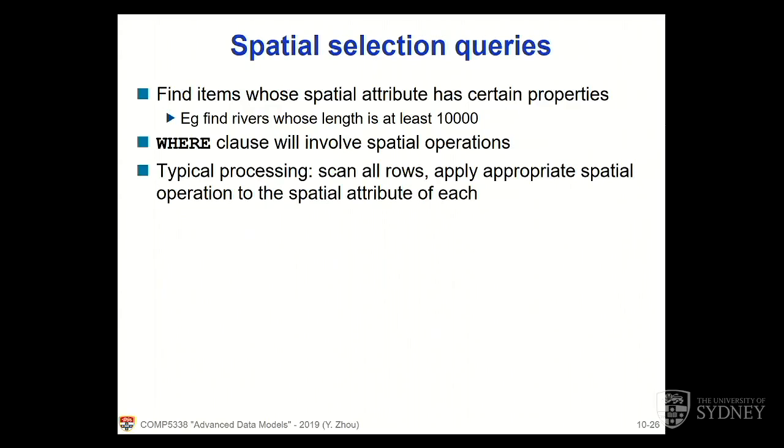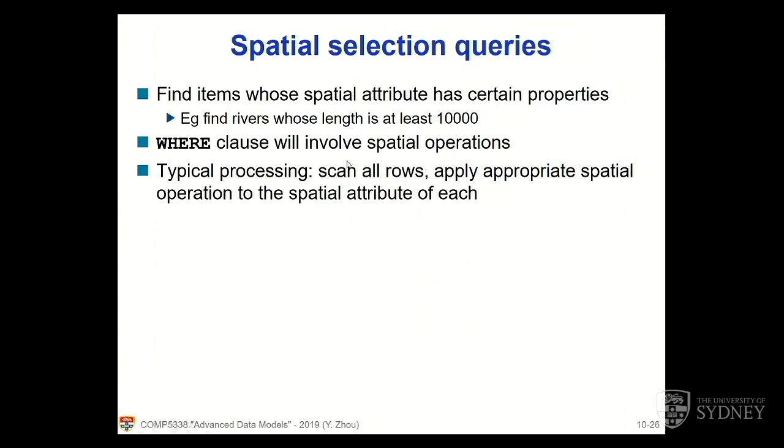So spatial query is like, the actual query does involve spatial data and spatial operations. Like find items whose spatial attribute has certain properties, like find rivers whose length is at least 10,000 something kilometers. So again, assuming the length is not stored as a static number, we have to work it out.